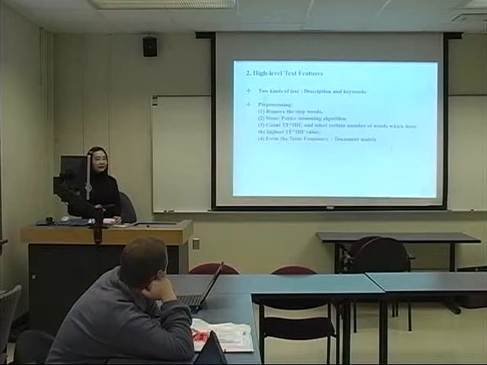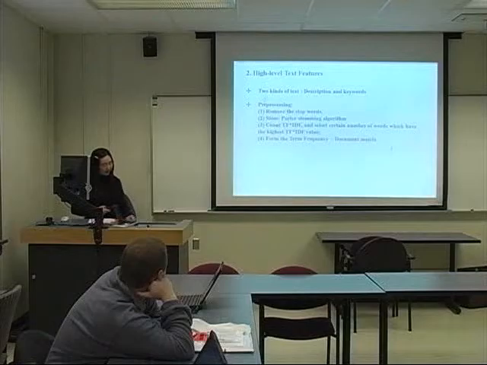Two kinds of text were introduced in the experiment: description and keywords. Here we use the term frequency document metric to describe a video file. Here is the pre-processing procedure.